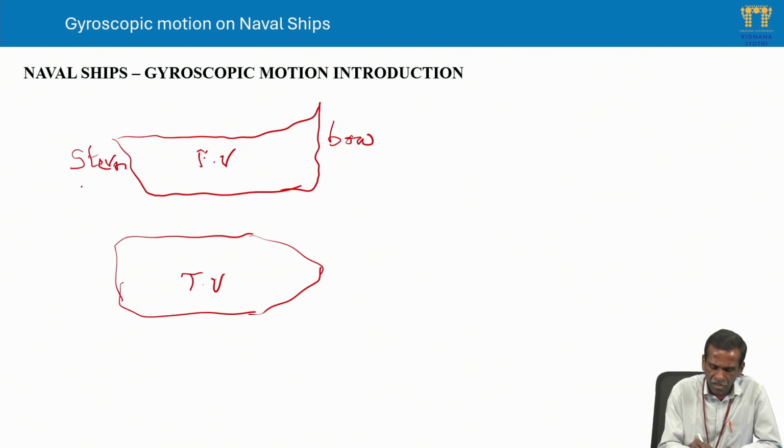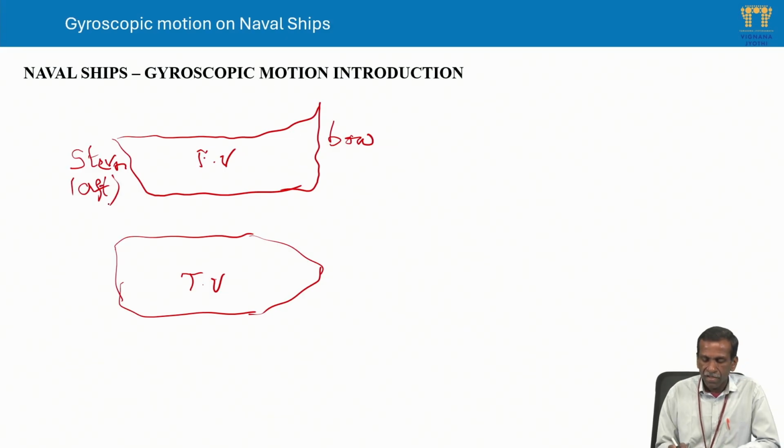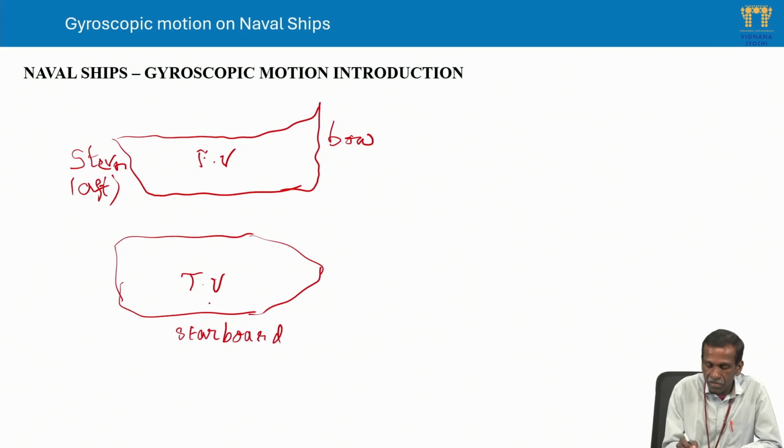If you view from the top, and stand at the stern facing forward, the right side is called starboard, and the left side is called port.